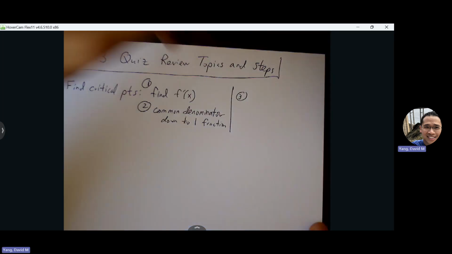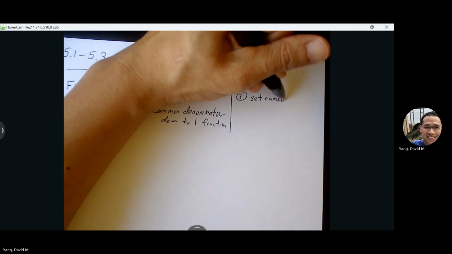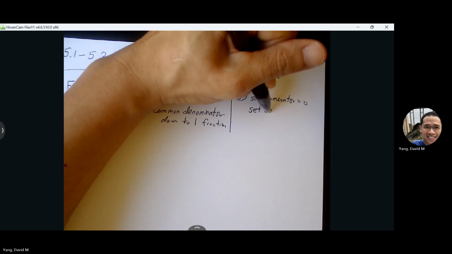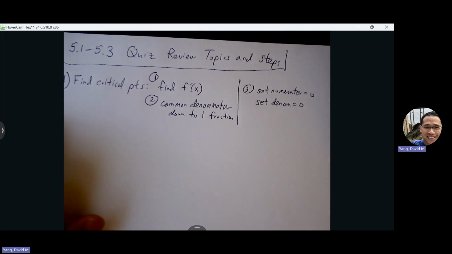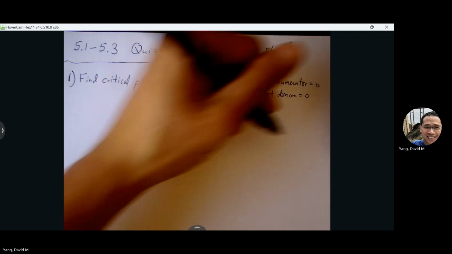And then you can set your numerator and denominator equal to 0 and find your critical points. Okay. There's no restriction here. Whatever you find will be your answer. There's no need to worry about some boundary that's involved with EVT. Critical points is just find the derivative, and if you have a mixed fraction, merge them together into the same fraction, set the numerator and denominator equal to 0, and then you're done.